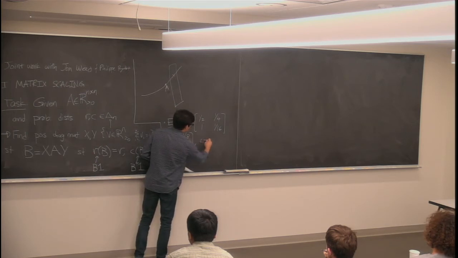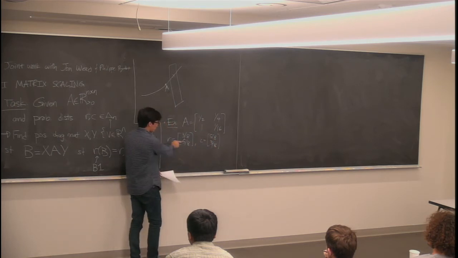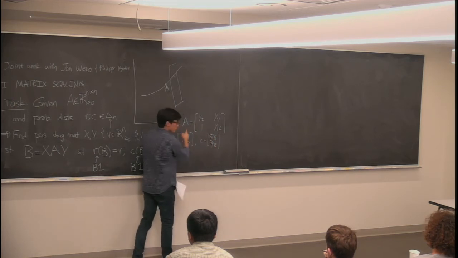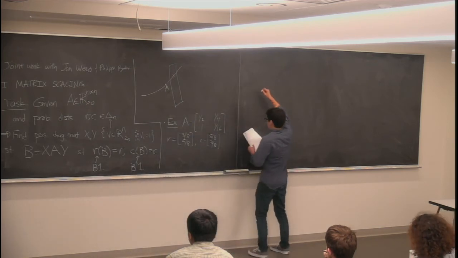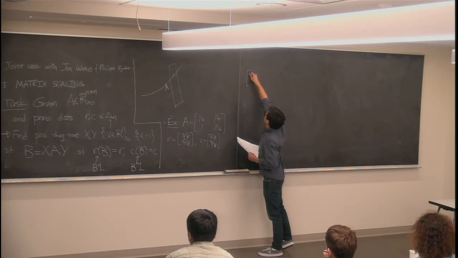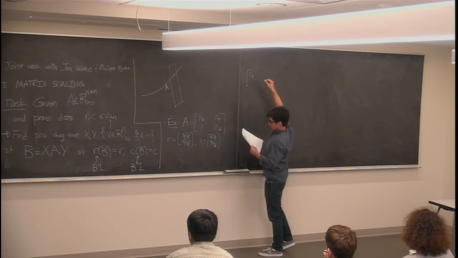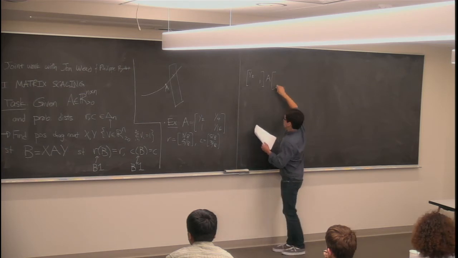C is equal to 5/8, 3/8. So this is a valid input because A is a strictly positive matrix. These are distributions, they add to 1. And it turns out there's a certain scaling. So this will be the matrix X. This will be the matrix Y.